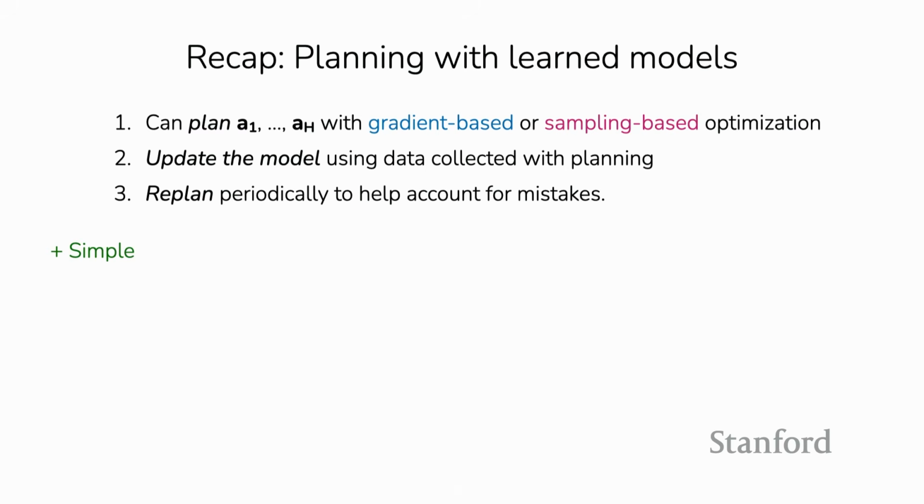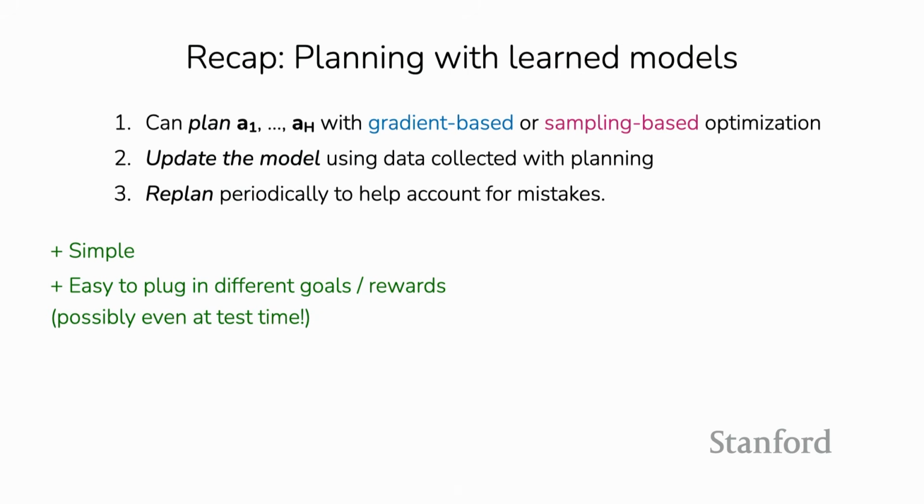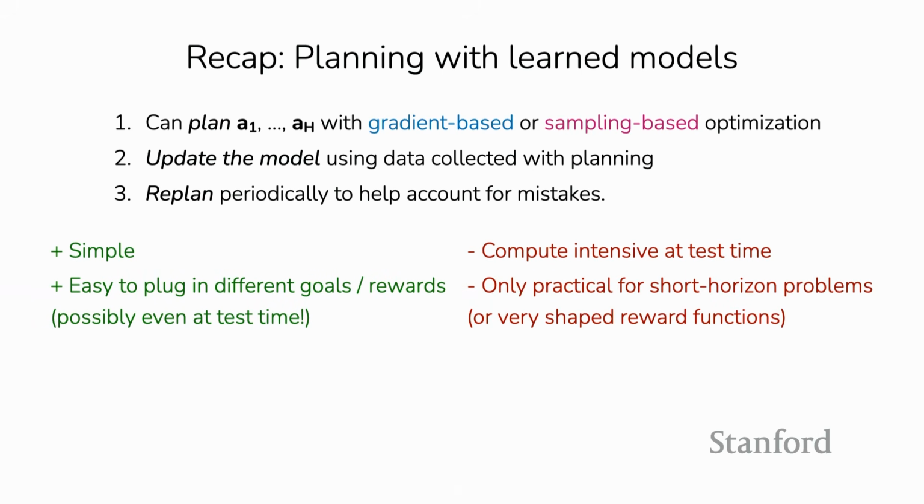The pros of this sort of planning approach are that it's simple, and it's easy to plug in different goals or rewards if you have a general enough model, possibly even at test time. The downside is that it's compute intensive at test time. It requires a lot of compute at inference time. And this particular instantiation was only practical for short horizon problems or for very shaped rewards, where you can plan over some shorter horizon rather than considering an extremely long horizon.